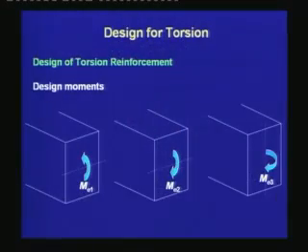This moment ME3 generates compression at one side face and tension in the opposite side face. Thus, the axis about which ME3 acts is vertical, unlike that of ME1 and ME2. Observe the orientation of the three design moments for the design of torsional reinforcement.